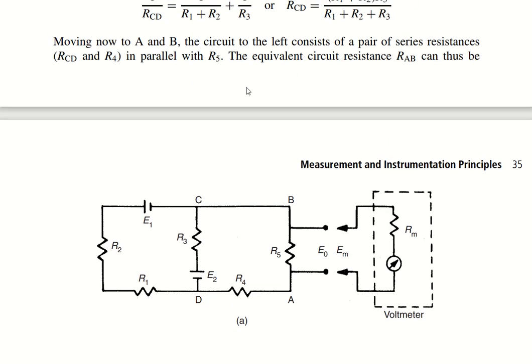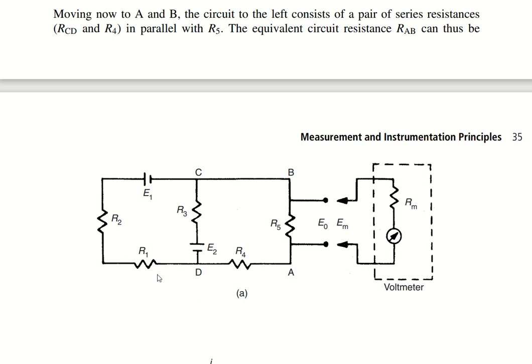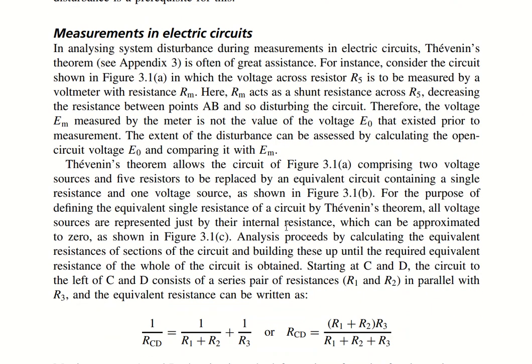Internal resistance is almost always close to zero. Now see, the voltage across the resistor R5 is to be measured by a voltmeter with resistance Rm, and here Rm will act as a shunt resistance across R5, as you can see.